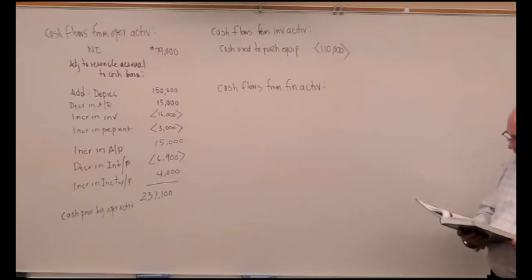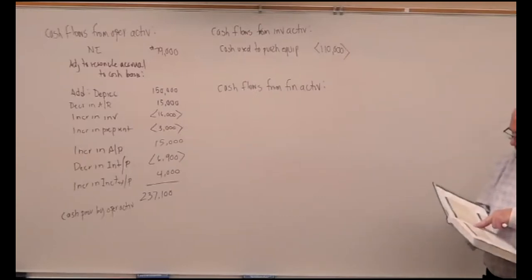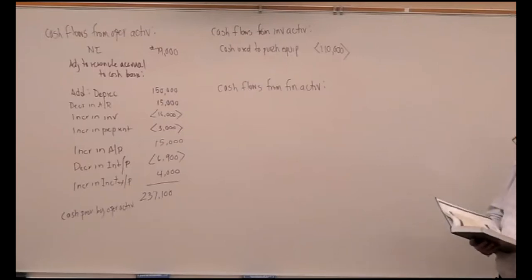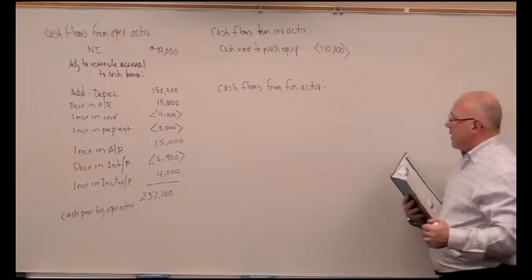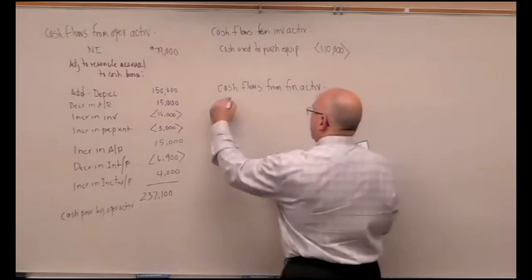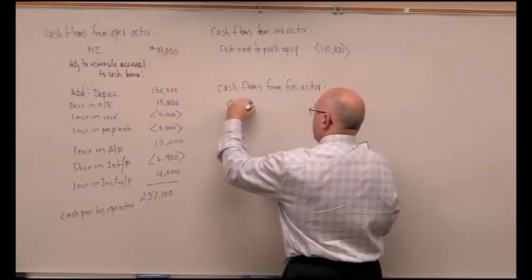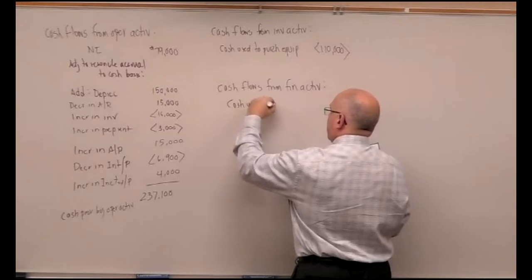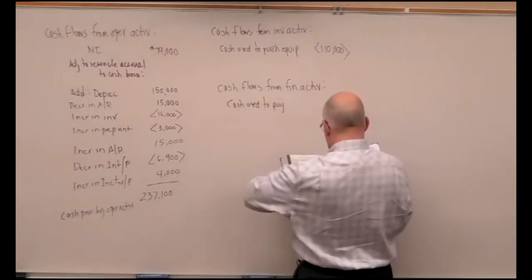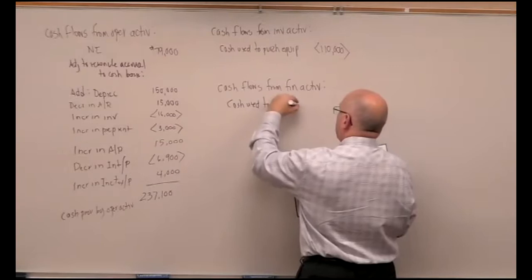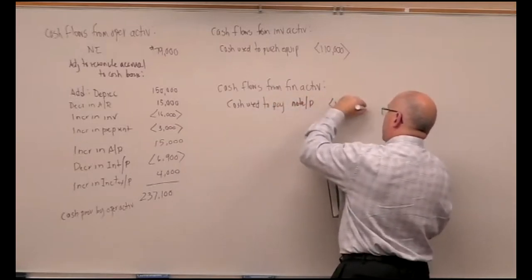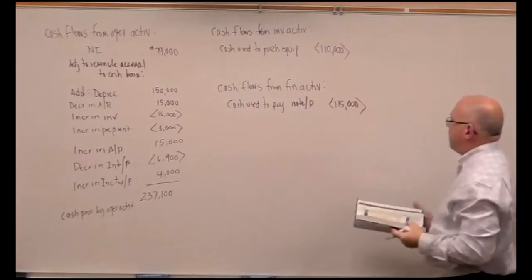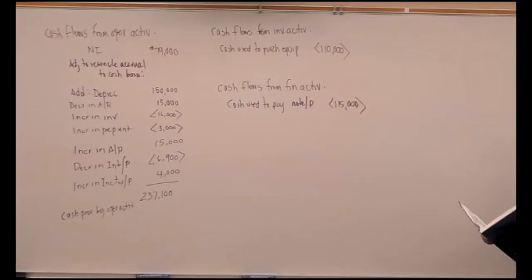So let's start with non-current liabilities. What's the one non-current liability? Notes payable. Did it go up or down? Decreased, 115K. So cash used to pay notes payable, 115.